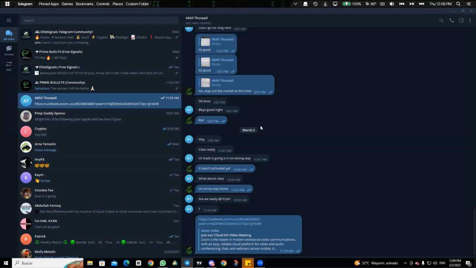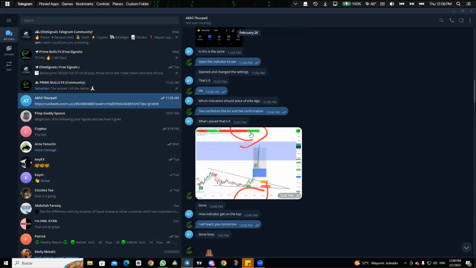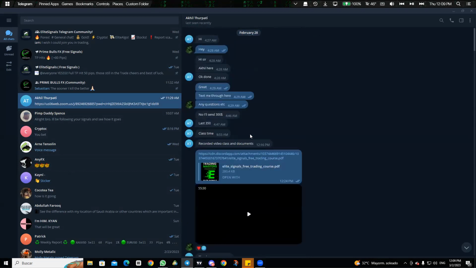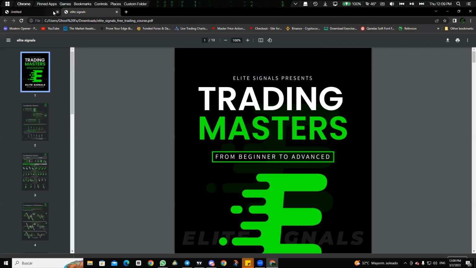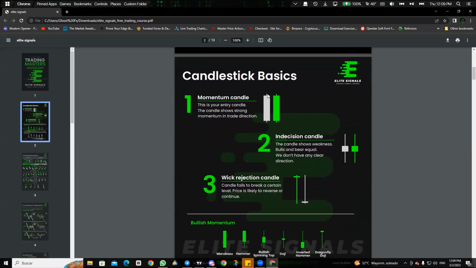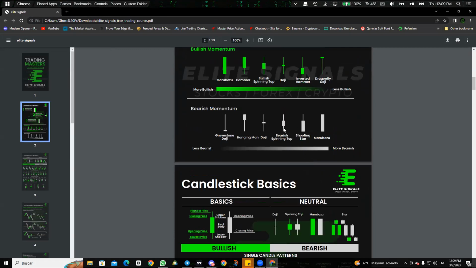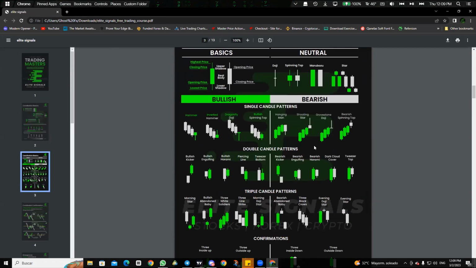Where's that? This one. Okay, so momentum candles, indecision candle, which is a doji, wick rejection candles, bullish momentum. I'm gonna look for the engulfing.